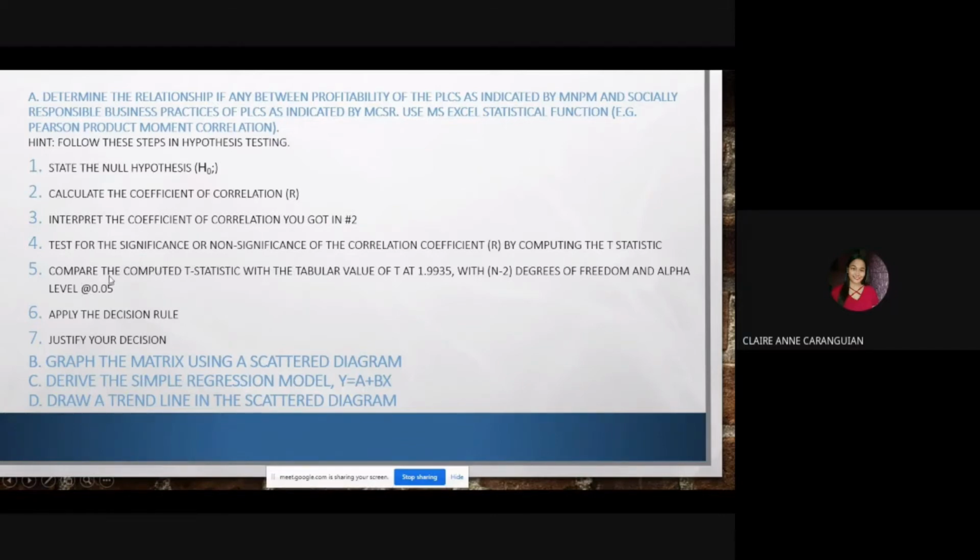Number 5, compare the computed t-statistic with the tabular value of t at 1.9939 with n-2 degrees of freedom and alpha level of 0.05. 6, apply the decision rule. 7, justify your decision.